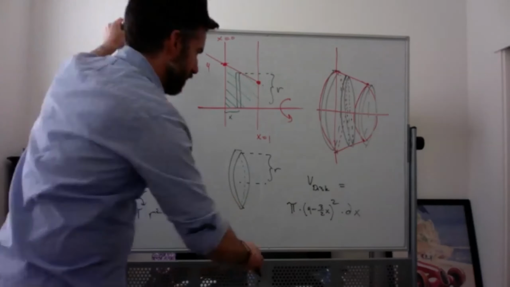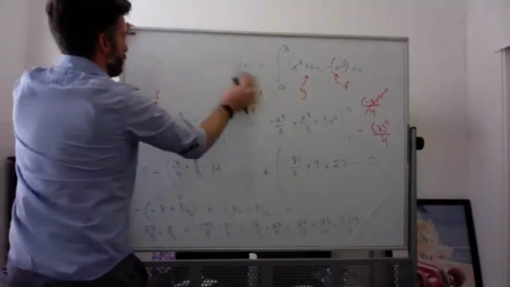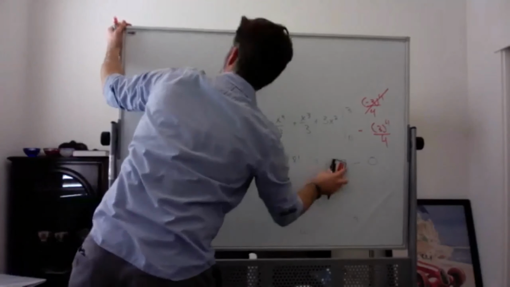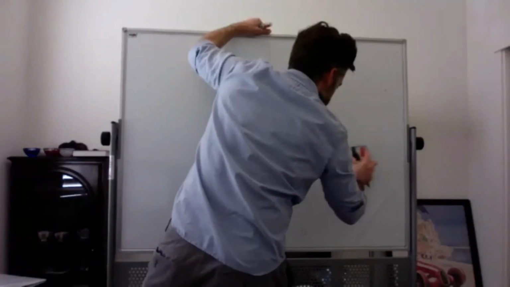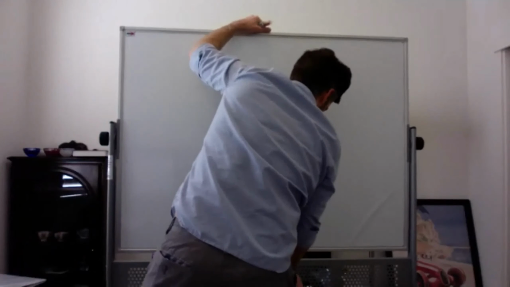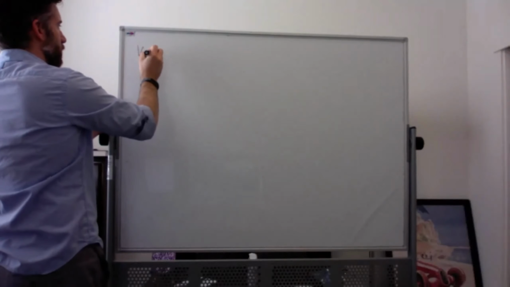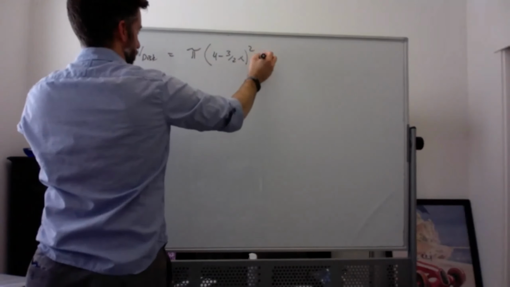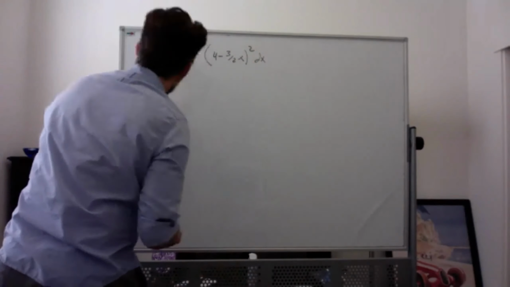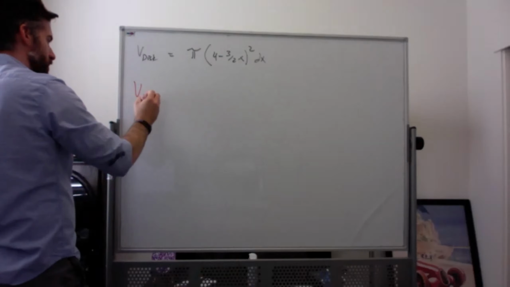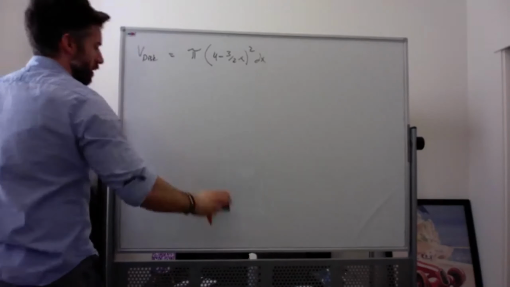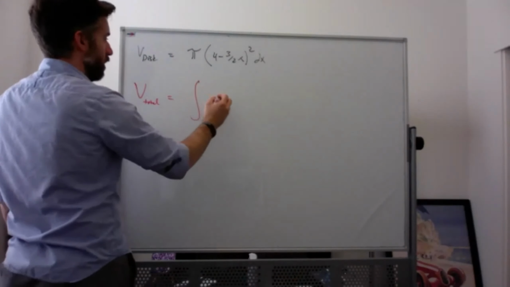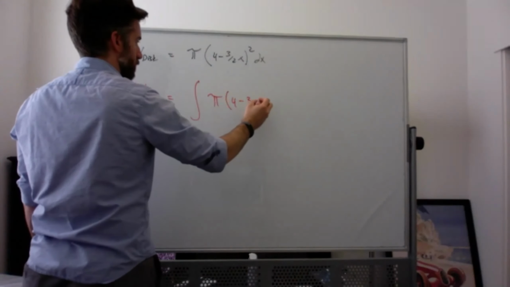So go to the other side here. If the volume of my disk is equal to pi times my radius, which was 4 minus 3 halves x, squared, dx, then the total volume, I just usually write capital V, is where I'm adding up, meaning integrating, all of those small volumes.